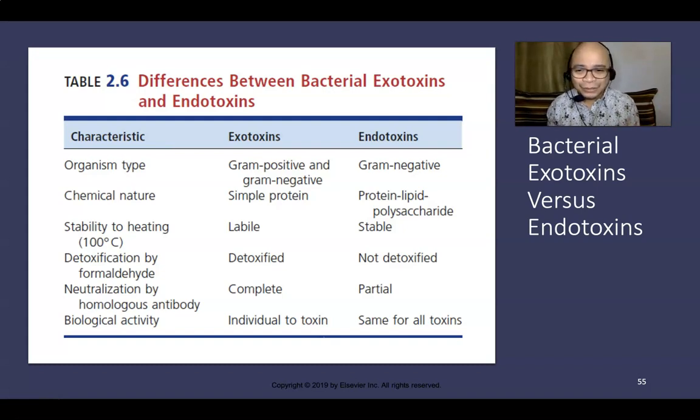So the biologic activity depends on which individual toxin we are pertaining to. And for endotoxin, the biologic activity is the same for all types of toxins. Okay, so there you have it. That's the end of our lecture on the major virulence factors of the microorganisms.